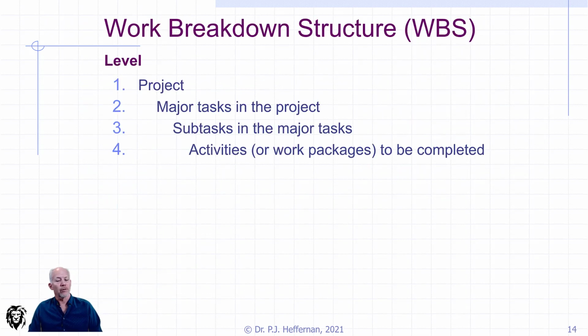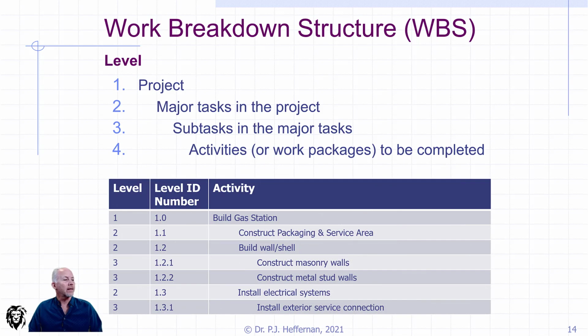So how would we normally see it laid out? You probably have at the top level the project, and then you might have major tasks within the project, subtasks within the major tasks, and ultimately, however many levels you need, get down to the activities or the work packages that need to be completed. And we normally number them in that way.